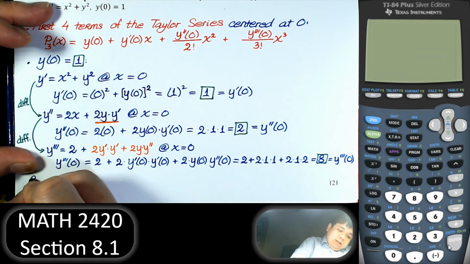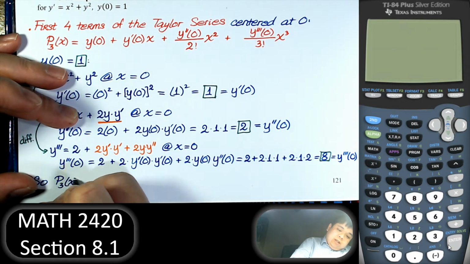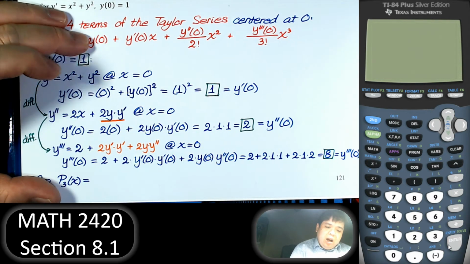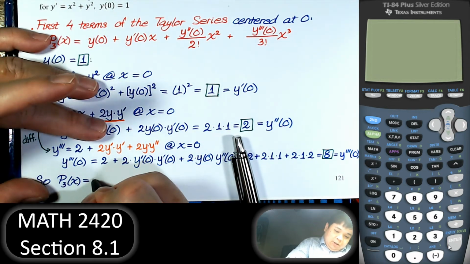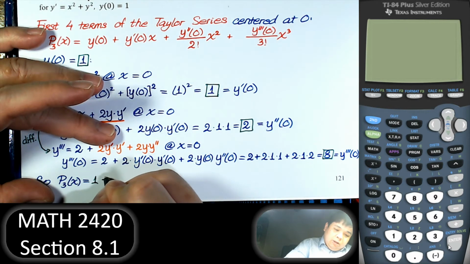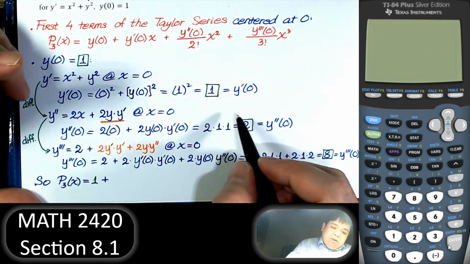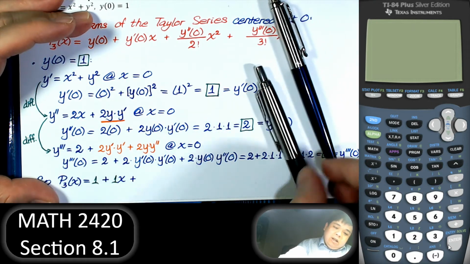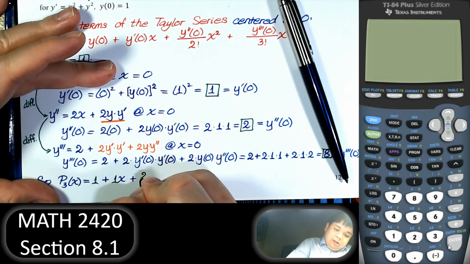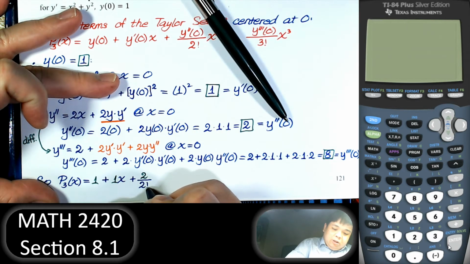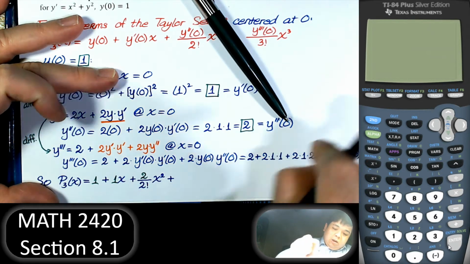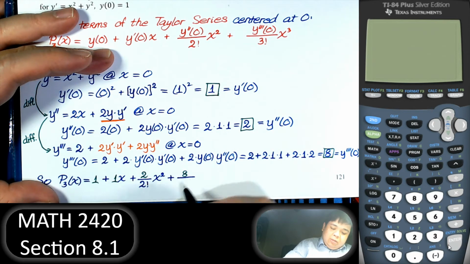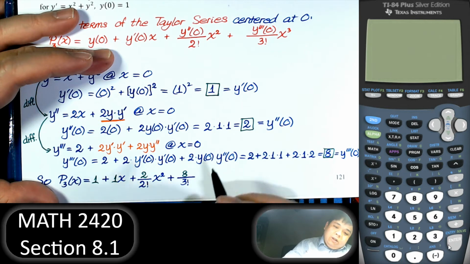And finally we put it back into this form. We will have P sub 3 of x, the third degree Taylor polynomial: y at 0, which is 1, plus the derivative at 0, which is 1, times x, plus the second derivative, which is 2, divided by 2 factorial, x squared, plus the third derivative, which is 8, divided by 3 factorial, x cubed.